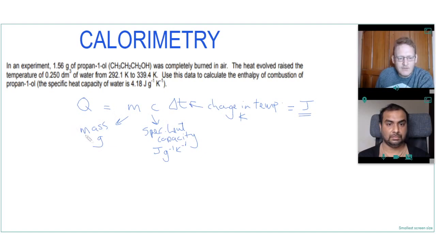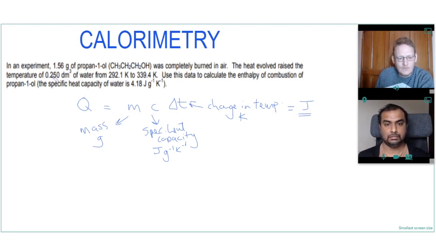The other thing we have to be careful of is the mass. So in the question here, a lot of students will put in the mass of 1.56 grams because that's the mass given in the question. But what we're interested in is the mass of water because that's what we're heating up from the combustion of the fuel, and that's what's telling us the energy that's being given out.